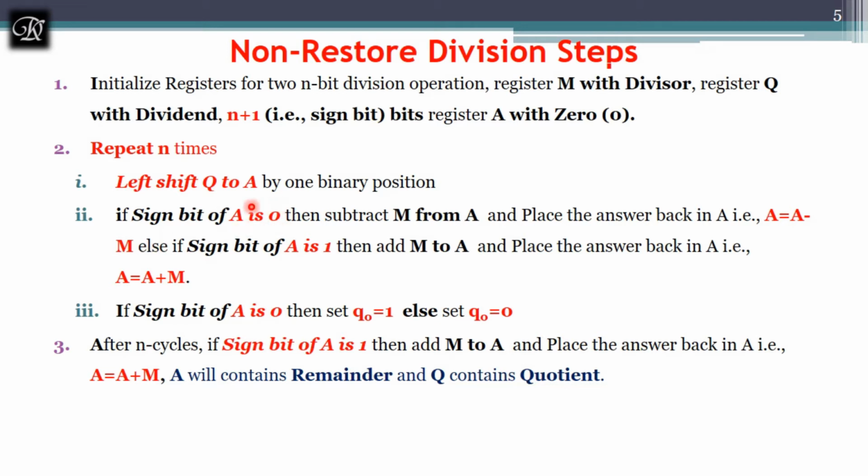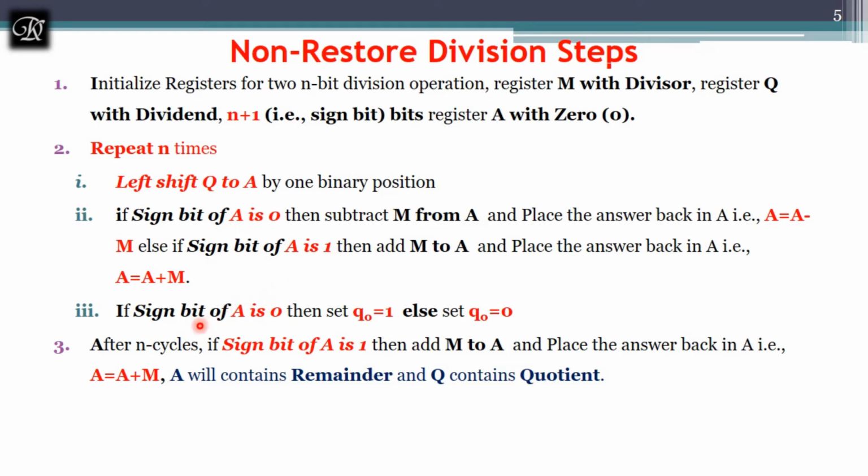If the sign bit of A is 1, meaning it is a negative number, then we perform the add operation rather than the subtract operation. So if the sign bit of A is 0, then subtract. If the sign bit of A is 1, then add.